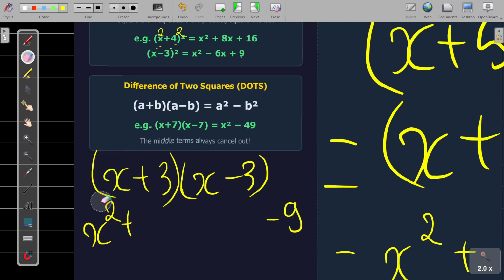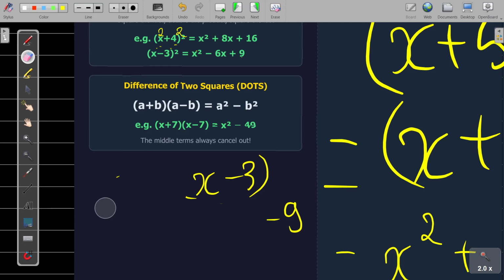Because the middle terms always vanish, the shortcut is very simple. Square the first term, put a minus sign, and square the second one. That's going to be it. Even if you replace this with a 6, let's have a 6 here.